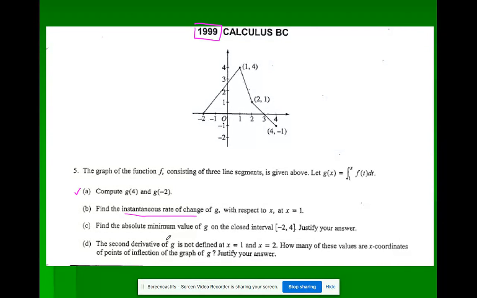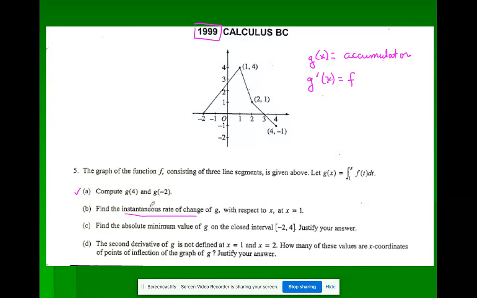So I don't want this to be a dagger for you. Remember, you still have our big idea. G is the accumulation function. That's the accumulator function. By the first fundamental theorem then, G prime is equal to the graph of f, the integrand. That's the big idea. So plugging and chugging is not going to be a big deal.